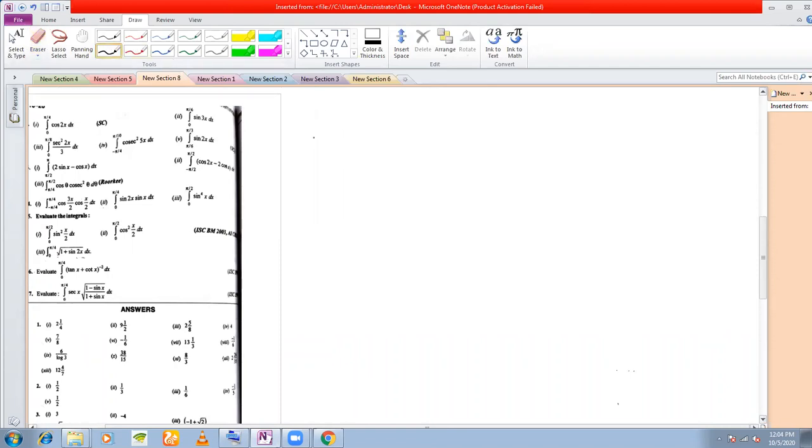So here the question is the integral from 0 to pi by 4 of tan x plus cot x to the power of minus 2 dx.